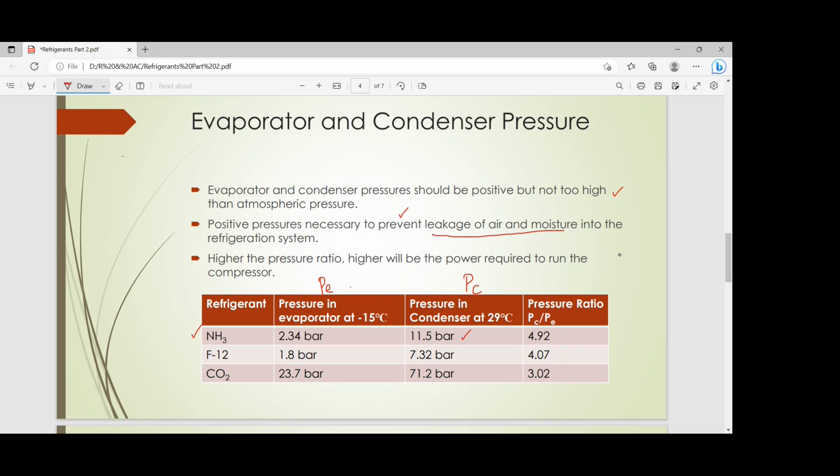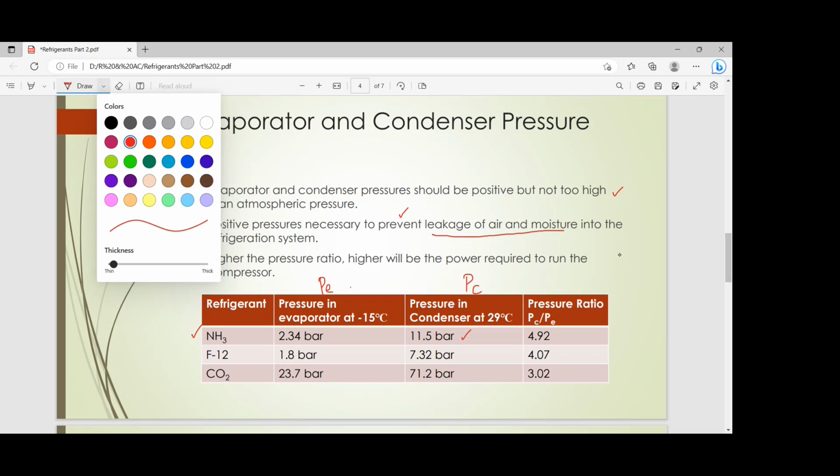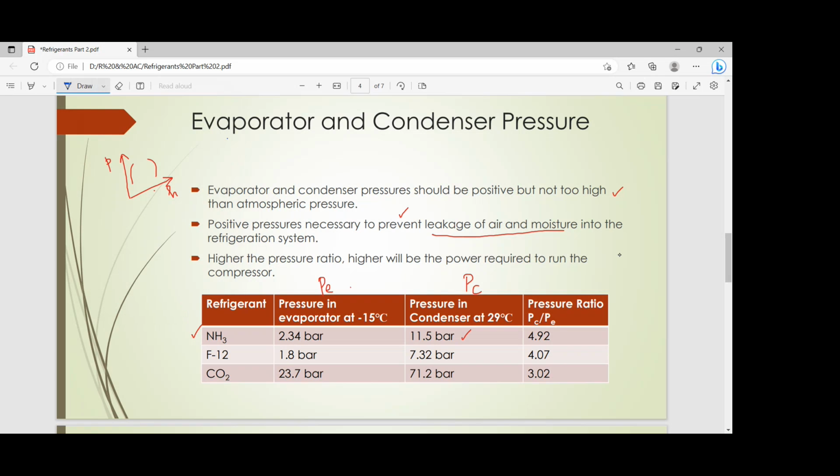Let's take the vapor compression system as our example, just to give an example. Say point number 1 is at the condenser pressure level, and let's imagine that point number 2 lies on the saturated vapor line, and 2 to 3 is your condensation, and 3 to 4 is your throttling process.